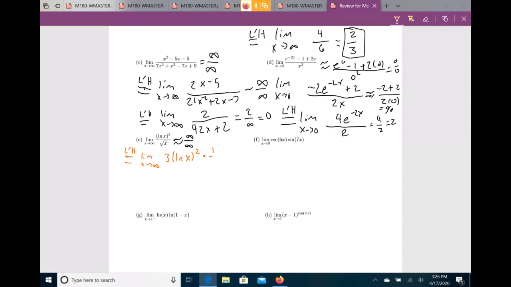Good, 1 over x. Okay, and what is the derivative of square root x? Good, 1 over 2 root x.